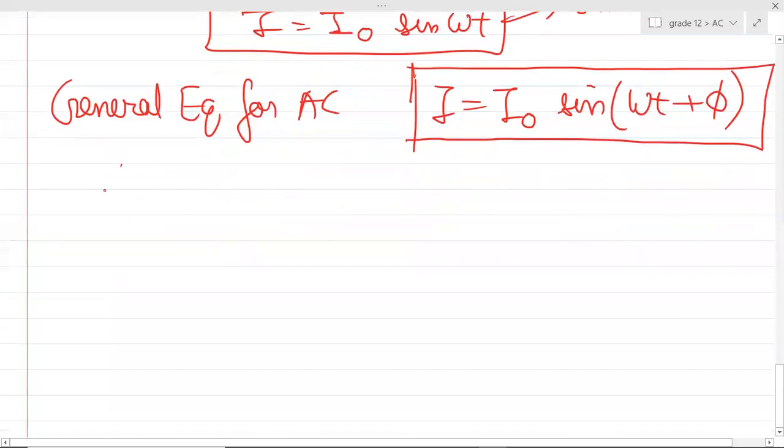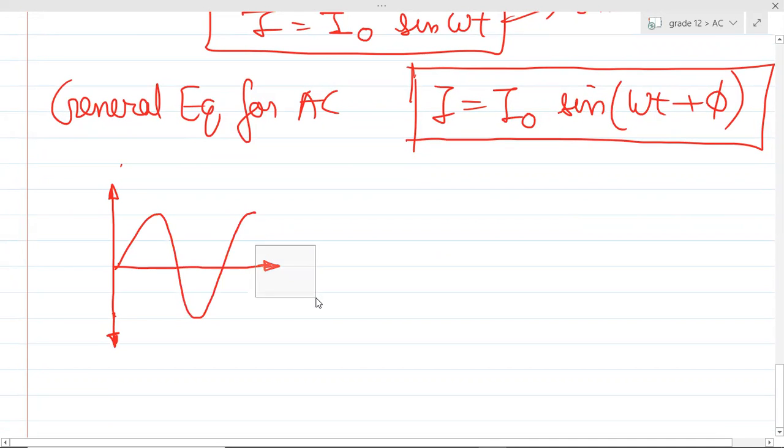Please remember the difference between the first and the second equation. The first equation looks like this: I equals I naught sine omega t.